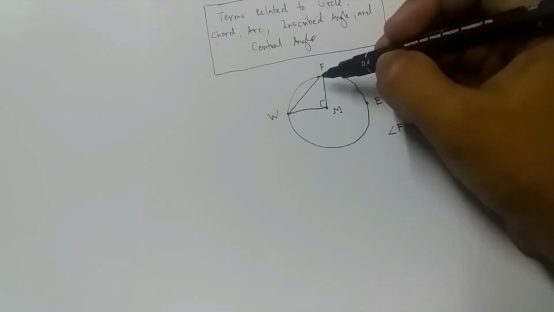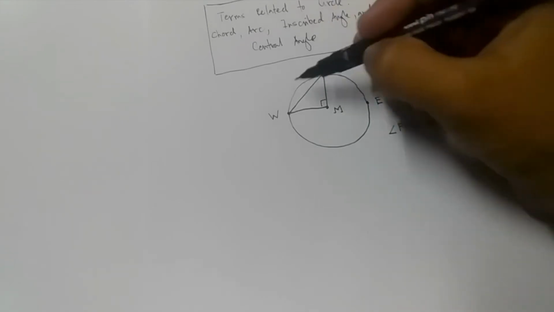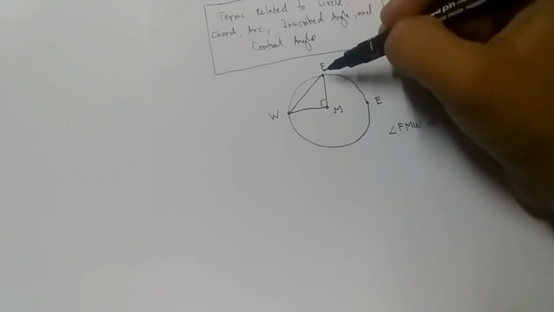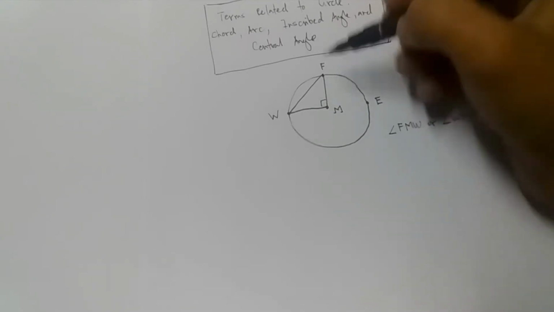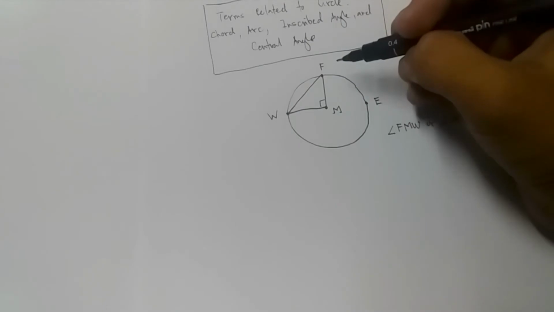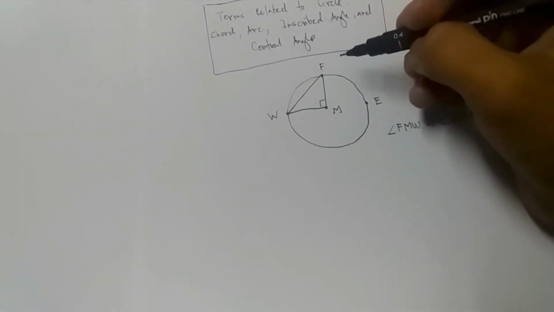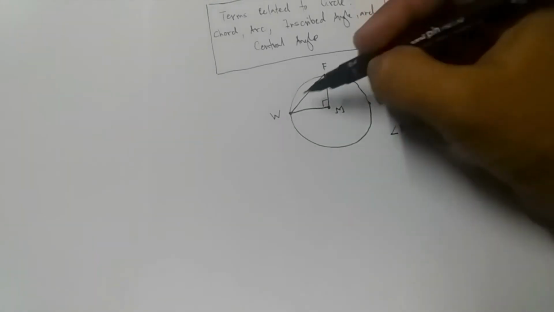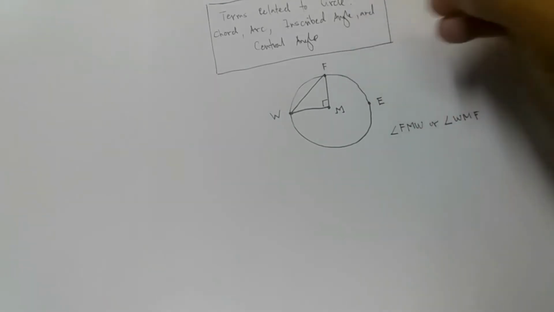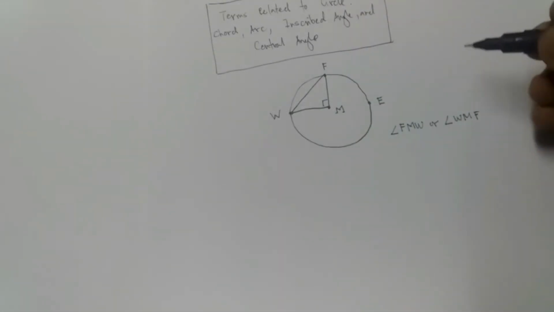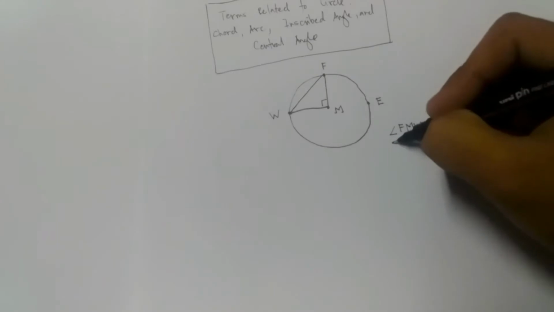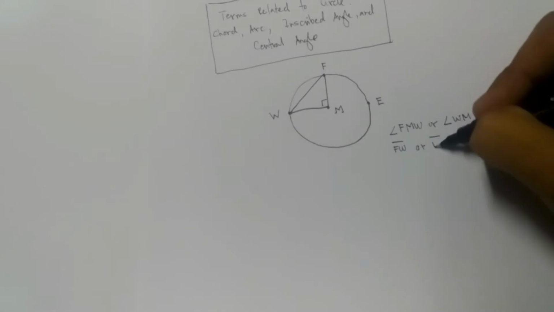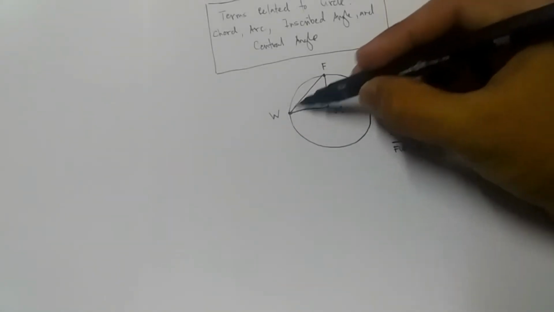The straight line is what we call the chord. Therefore, a chord is a straight line from one point of the circle to the other. We can write this in the notation segment FW or segment WF, which stands for this line.